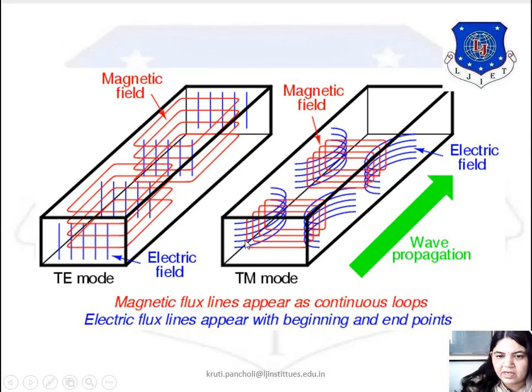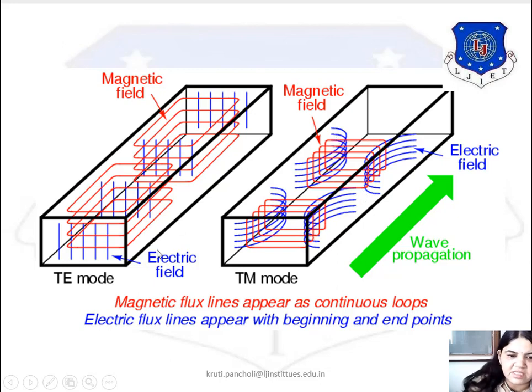In the TM mode, you can see the magnetic flux lines appearing as continuous loops in the direction of propagation, and the electric flux lines begin from this particular point and end at this point.